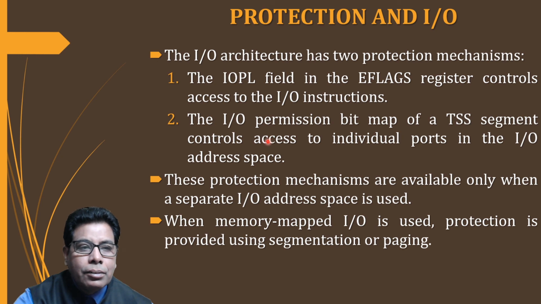And the second part is the IO permission bit map, which is a map in the TSS segment that controls the individual ports in the IO address space. Now this part, IO permission bit map, will be covered in the next video.